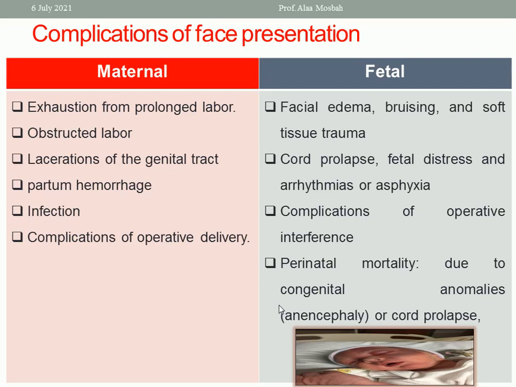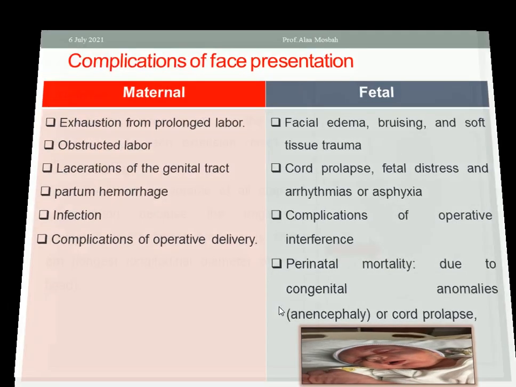Fetal complications include fetal edema, fetal tissue trauma, bruising, cord prolapse and fetal distress, and fetal asphyxia, complications of operative interference, perinatal mortality due to congenital anomalies or cord prolapse.